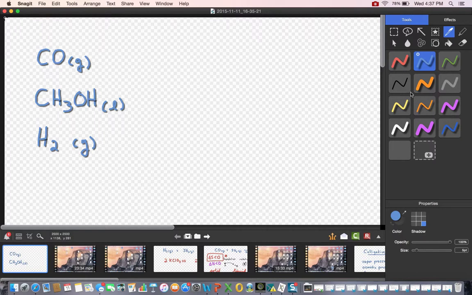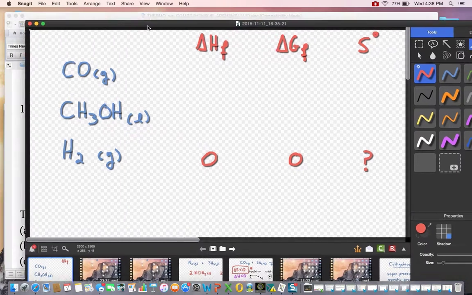And of course, we are interested in the delta H of formation and the delta G of formation and the standard molar entropy. Now, every molecule, every atom has a standard molar entropy. So we know that the values for delta H of formation and delta G of formation are 0, but we do not know what the standard entropy of formation is, and that's probably going to be required of us at some point in the problem.